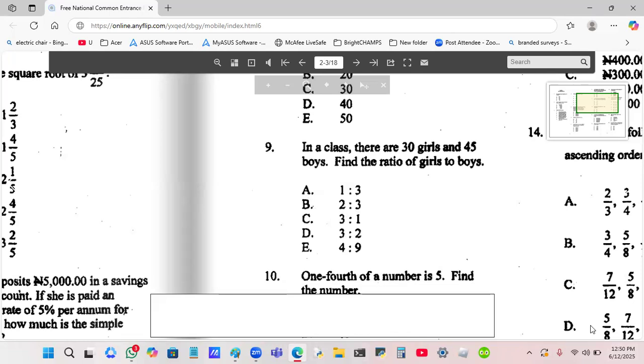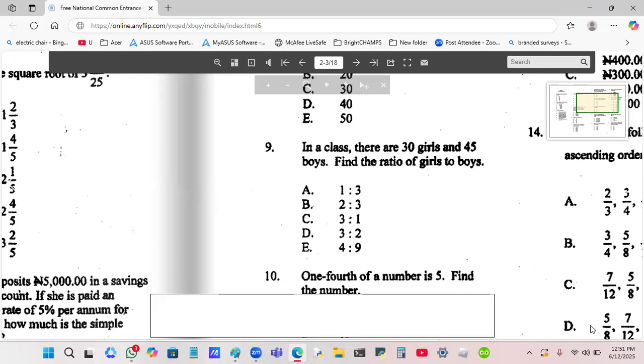The division. So you can't answer that question.